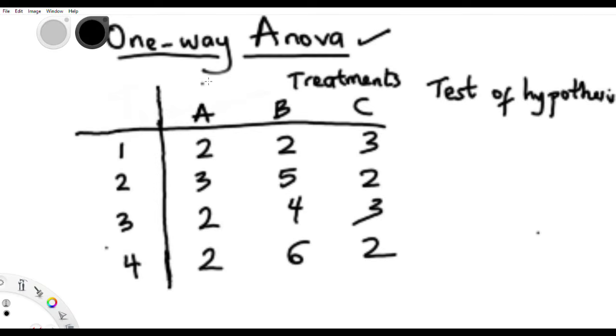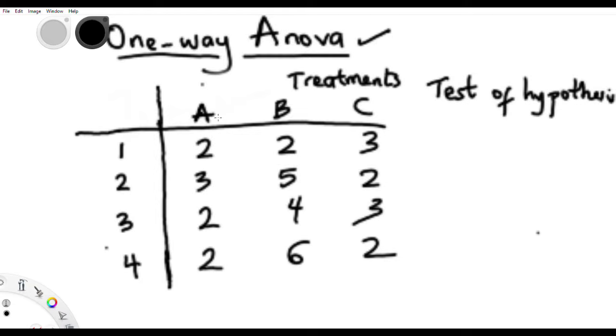So this might be treatment A. Maybe you subjected the same kind of plant to a level of water, maybe 10 mils per day, and treatment B, you subjected them to 20 mils per day, and treatment C, maybe 30 mils per day.